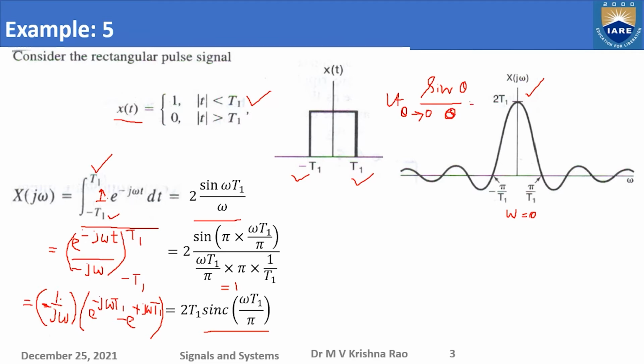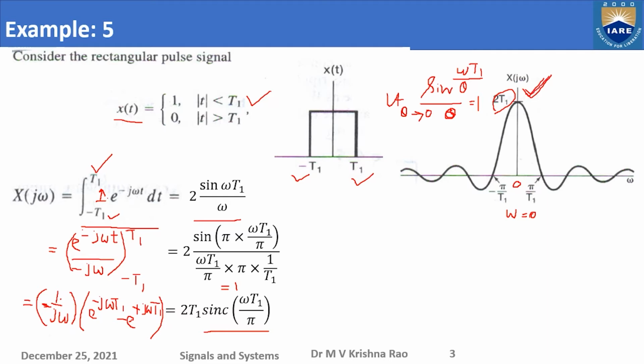So this becomes 1. So that is 1 into 2t1. This is 2t1, the maximum value at omega equal to 0. Here theta is nothing but omega t1, so when I substitute omega equal to 0, this becomes 0. That is how you got this. So this is at the center, and its maximum value is 2t1.